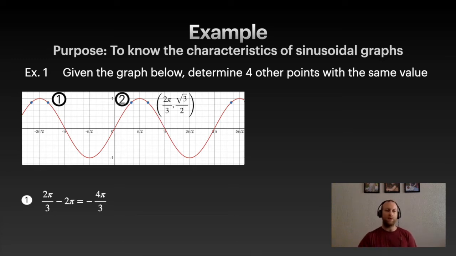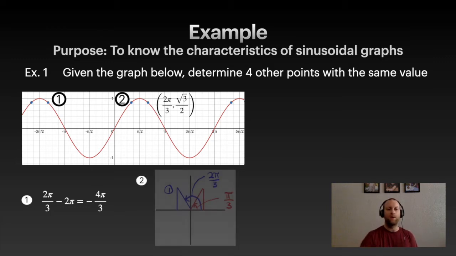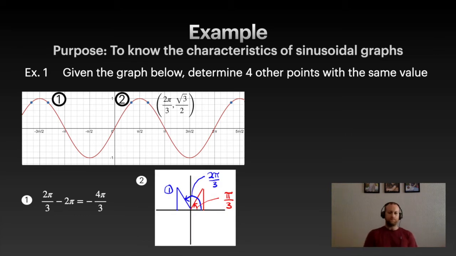The second point here is a little bit trickier, and in order to get this one, we need to think back to our unit circle. So I'll show you this graph here. What this is looking at is quadrant 1 and quadrant 2, and we're comparing between the red terminal arm and the blue terminal arm. Those both have the same y value. The y value being this root 3 over 2.